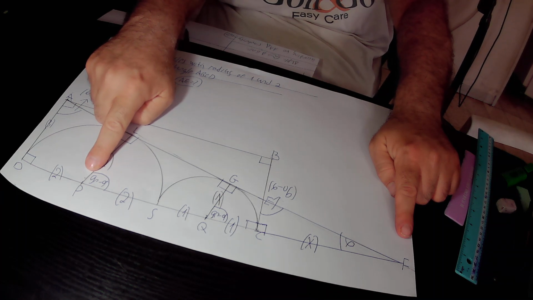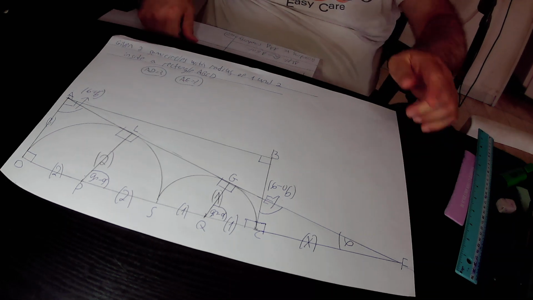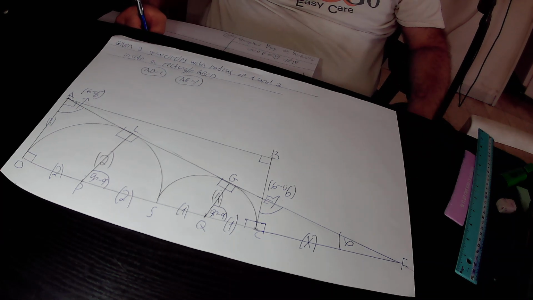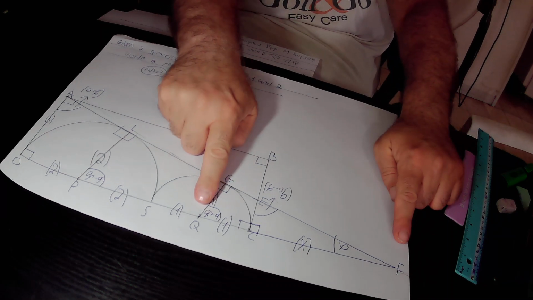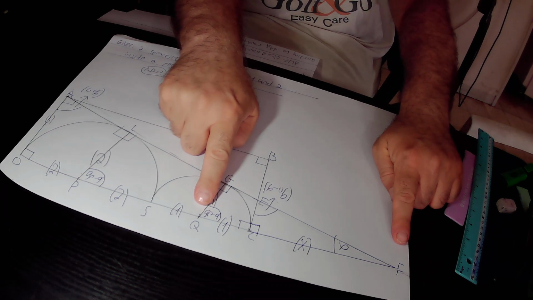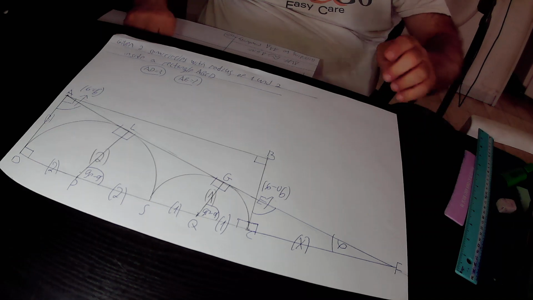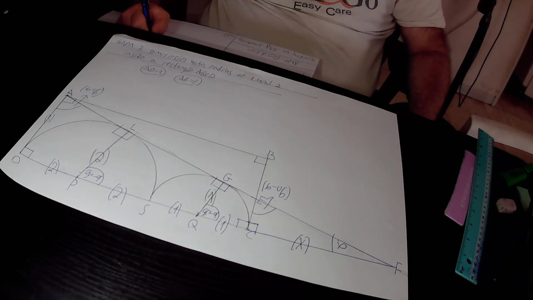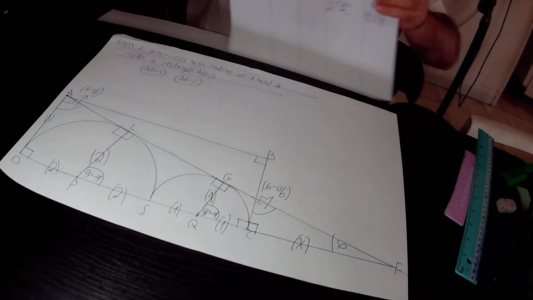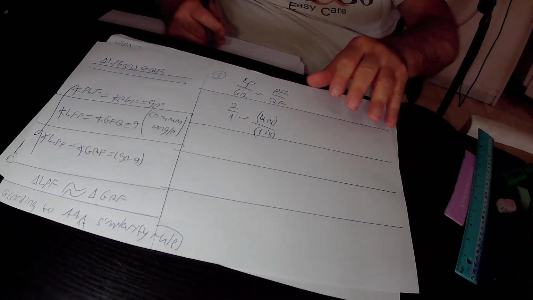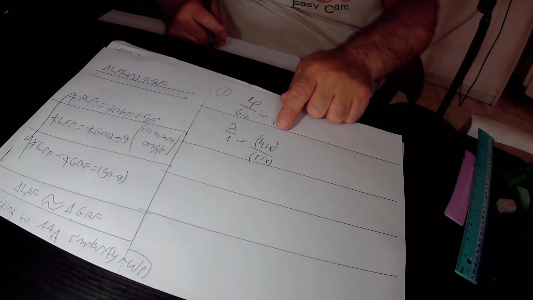So PF in total equals 4 plus x, over QF. QF in total equals 1 plus x. So in conclusion, we found out that 2 equals 4 plus x over 1 plus x.